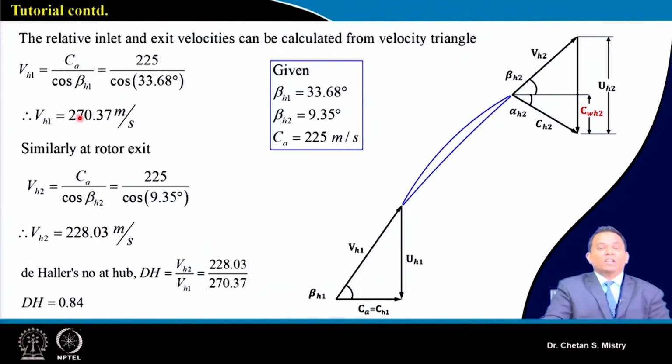We need to be careful and keep an eye on V1 and V2. This 228.03 indicates the diffusion that is happening. And that's why if we calculate our de Haller factor, it comes to 0.84. So this is in the range of what we are deciding with 0.72.